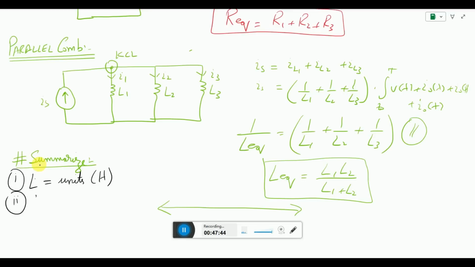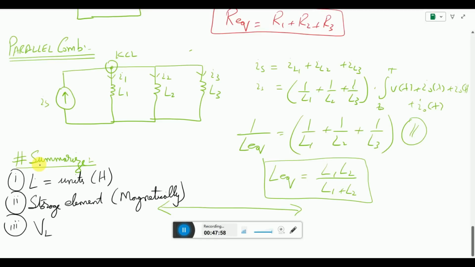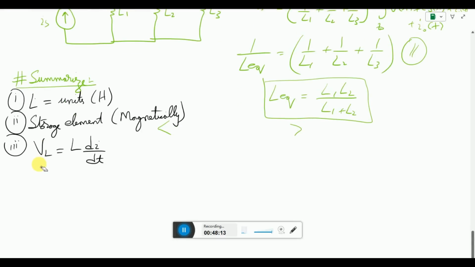Second, it is a storage circuit element, and the storage is happening magnetically. The main thing associated with an inductor is that it produces an induced voltage which depends on the inductance and the rate of change of current. This is very important. The di/dt, the rate of change of current, governs how much induced voltage is produced. And then we have two conditions associated with this.